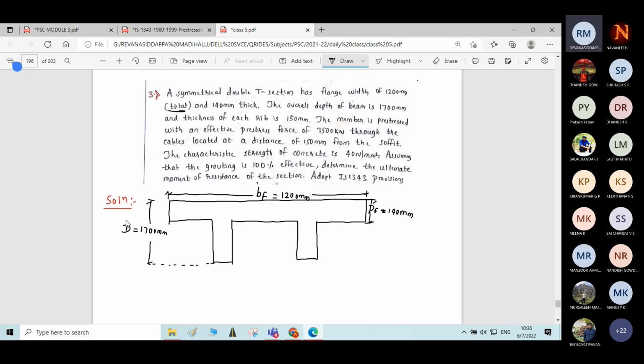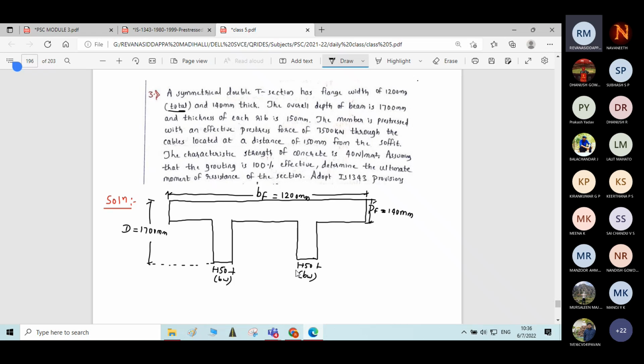Then, thickness of each rib is 150 mm. Think about BW. Okay, thickness of each rib is 150 mm.